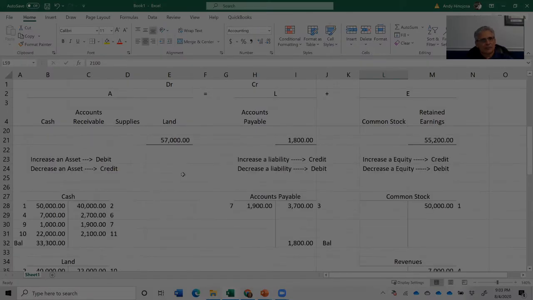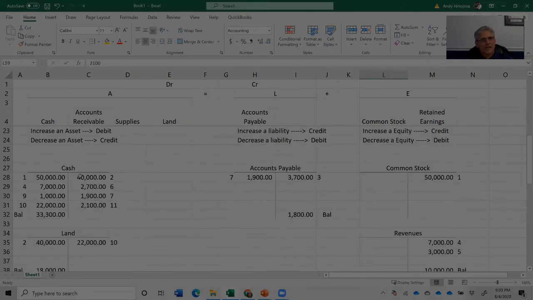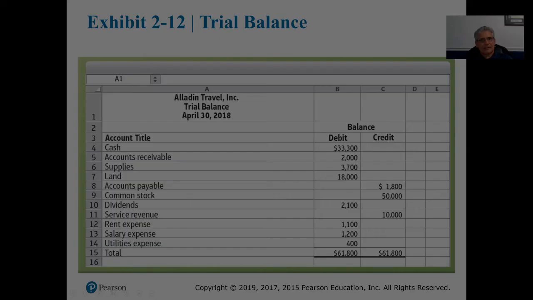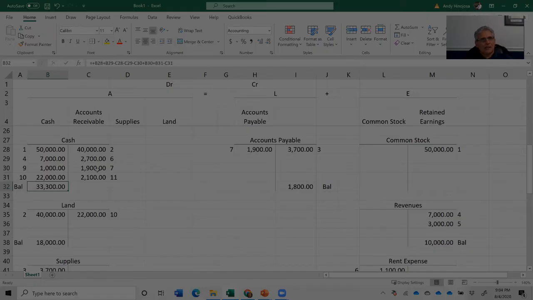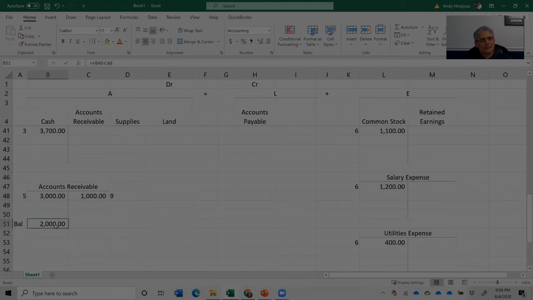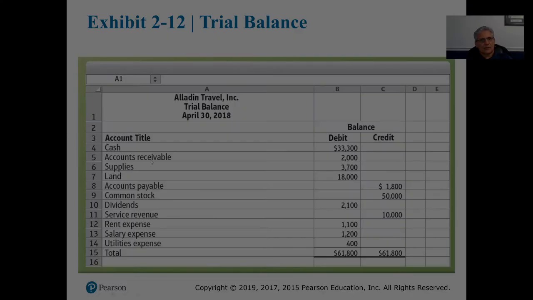So the T accounts we have here, the cash balance that we figured out was $33,300 debit. Accounts receivable, debit $2,000.